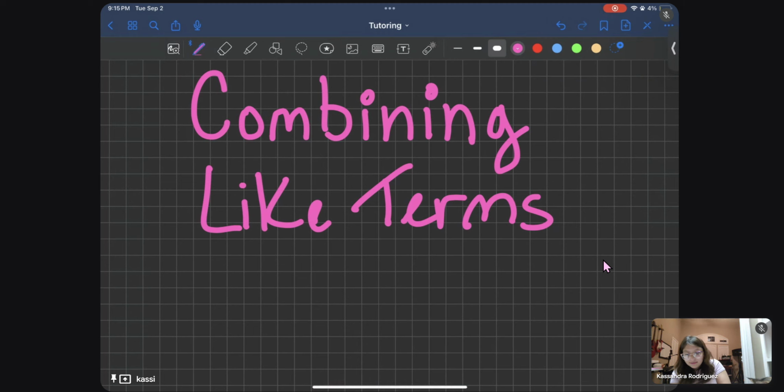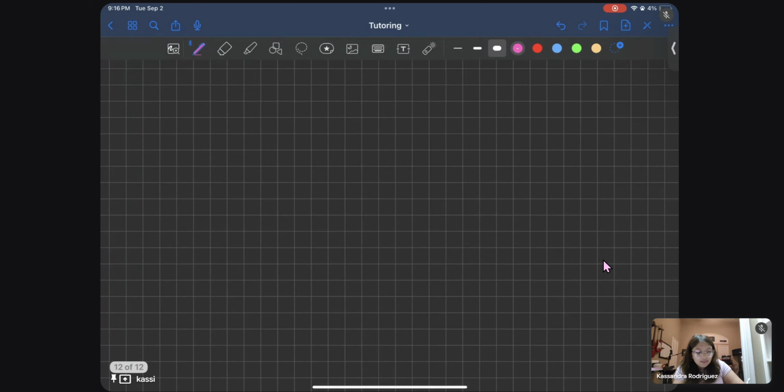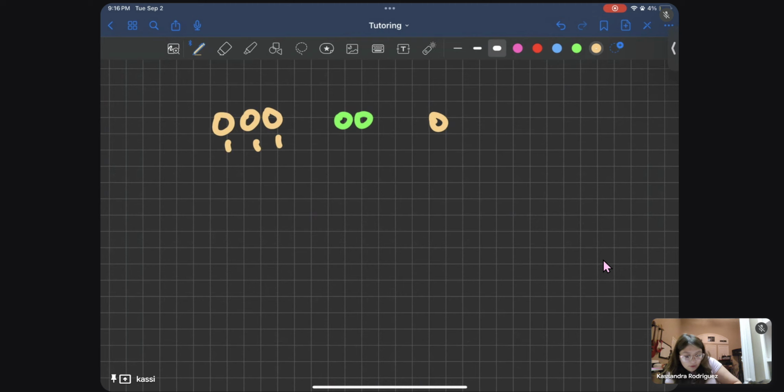So today's video is about combining like terms. Let's think of it like this. If I have 3 oranges and 2 pears and an extra orange lying around, how many oranges and pears do I have? Let's see, 1, 2, 3, 4, right? We'd have 4 oranges and 2 pears.